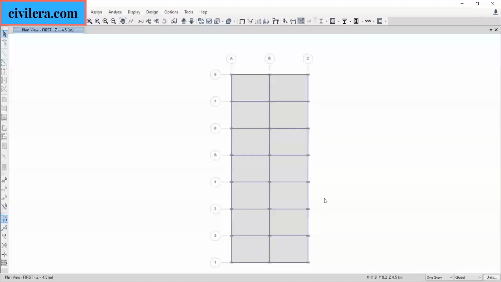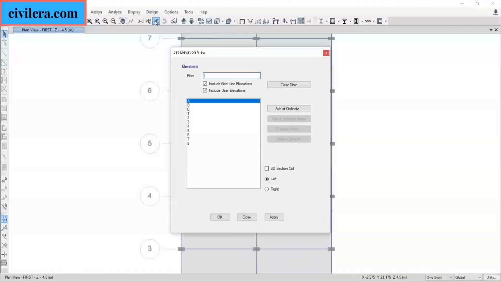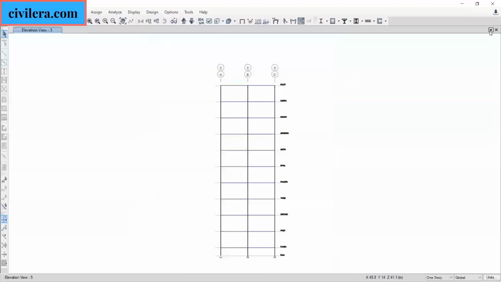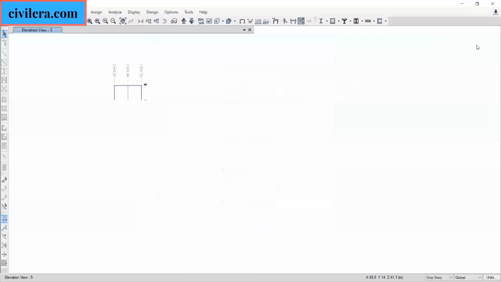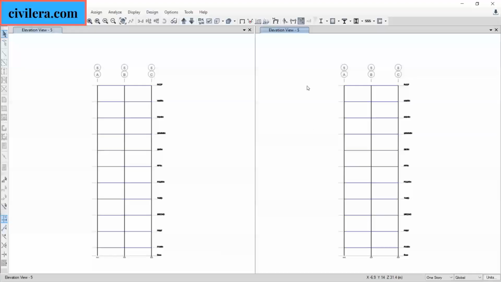So I'm going to show you, say, grid number 5. Grid number 5 bending moment diagram I'm going to show you. So for that purpose, I'm going to elevation and then going to grid number 5. And on the right hand side, I'm adding one more window.